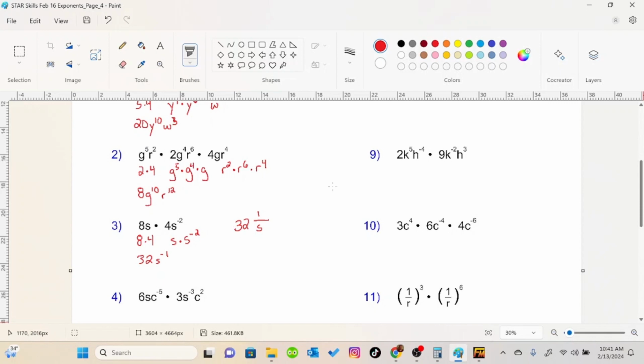So you could write 32 times 1 over s, or you could write 32 over s. They mean the same thing.